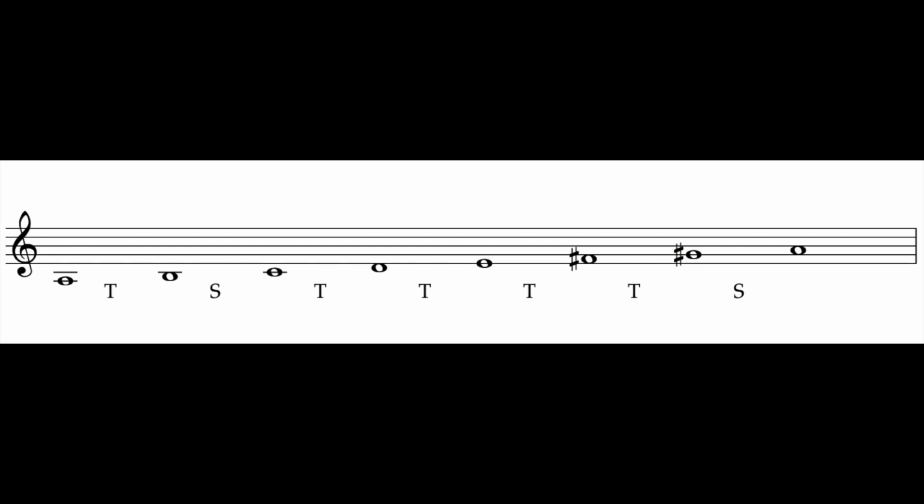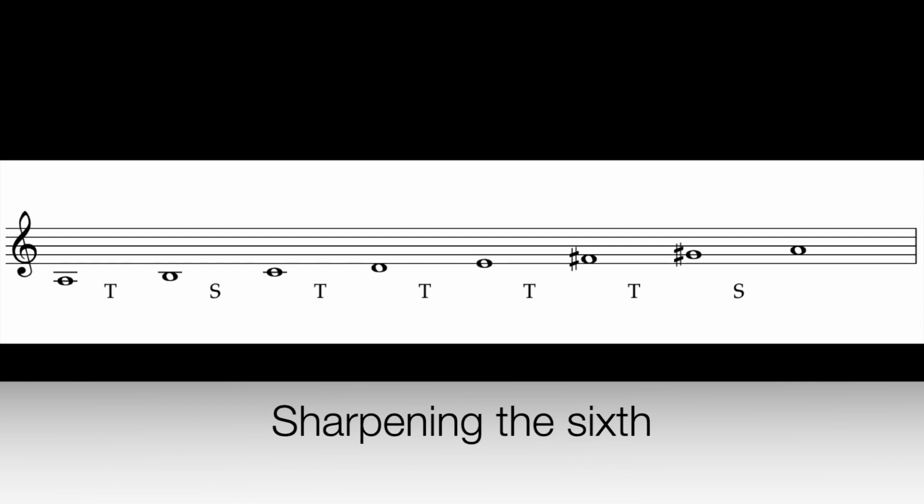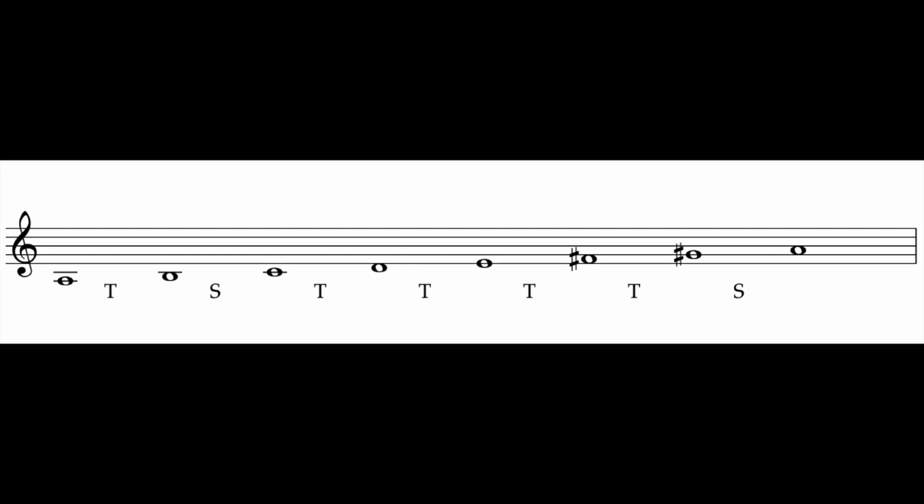And in a melodic minor scale, it gets rid of this interval of the tone and a half, and it does it by keeping the semitone at the top and narrowing the tone and a half to a tone, which means that this middle semitone becomes a tone. And it's done by sharpening the 6th note as well as the 7th note, like this: F sharp and G sharp.